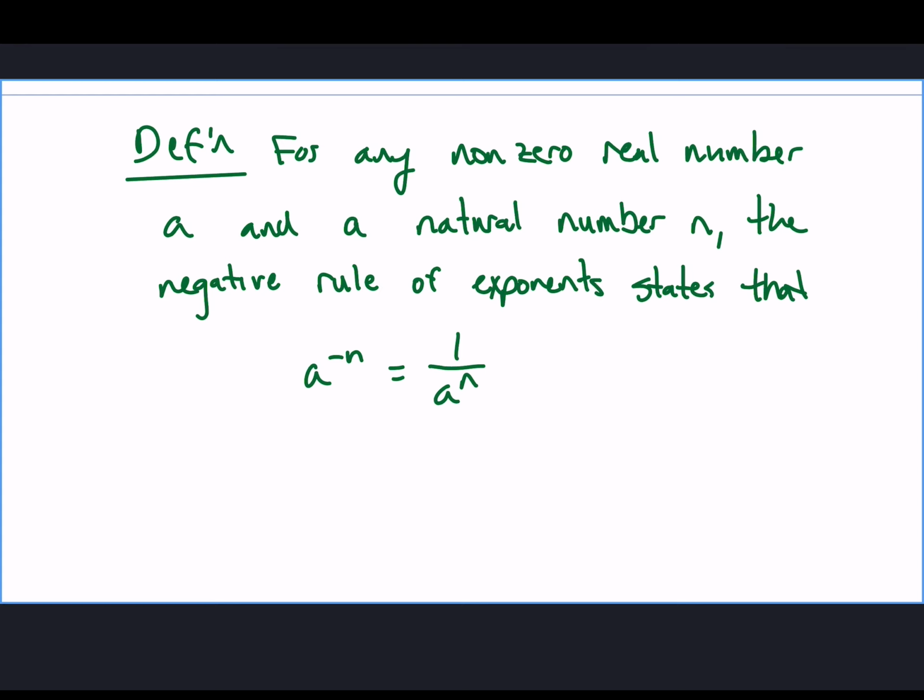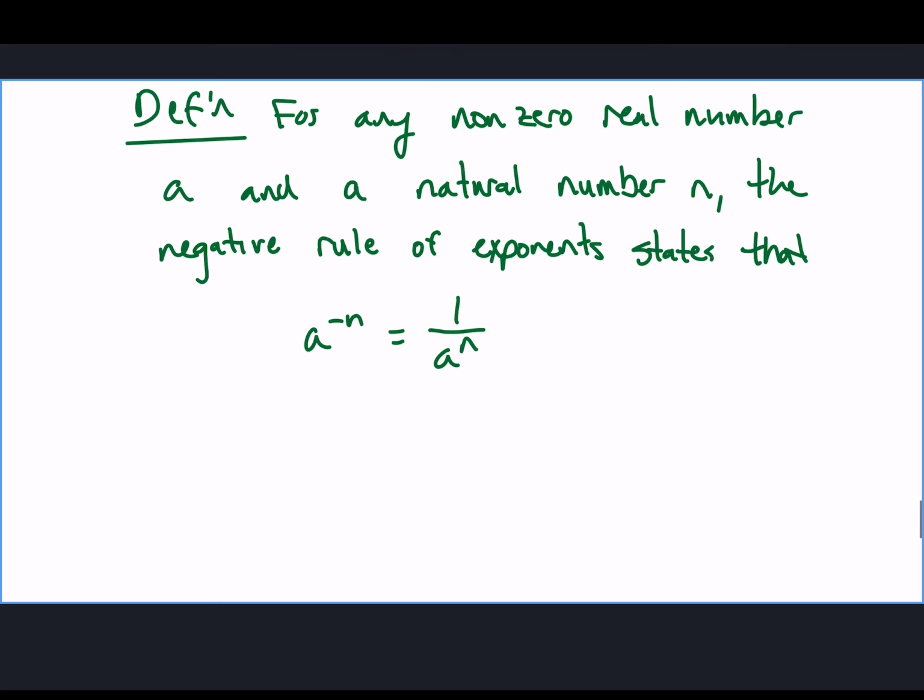So our a, our real number, is anything but 0, and our exponent is a positive whole number. So negative n is definitely negative. That's what we're forcing to happen. Any questions to this point? Because we're about to do an example.